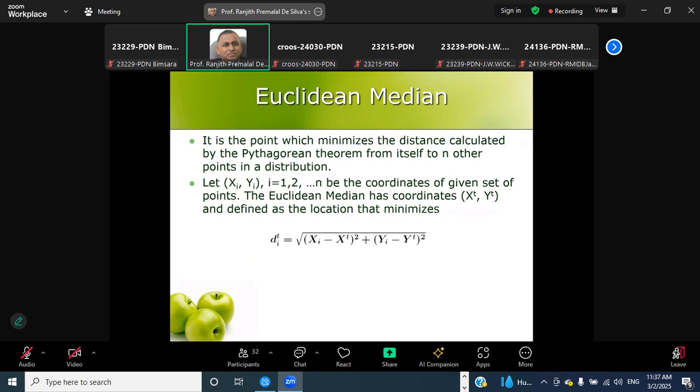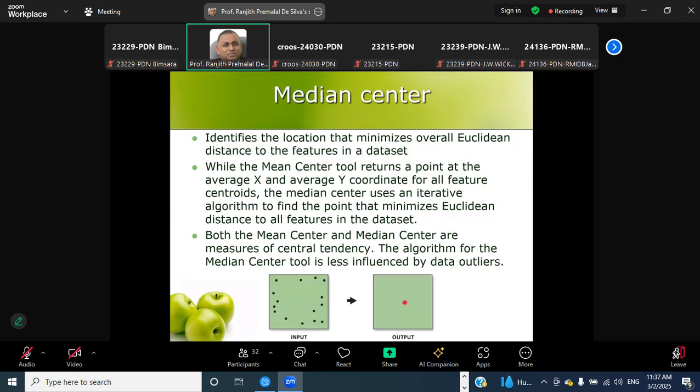So if you look at the median center, that location minimizes overall Euclidean distance to the features in a data set. It minimizes the Euclidean distance to all the points in the data set.